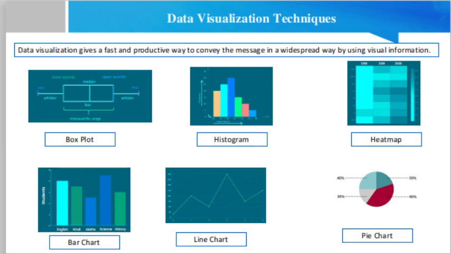Next one is the histogram. A histogram is a graphical presentation of information using bars of various heights, and in a histogram, each bar groups numbers into ranges. Taller bars indicate that more data falls in that range. A histogram shows the shape and spread of continuous sample data.